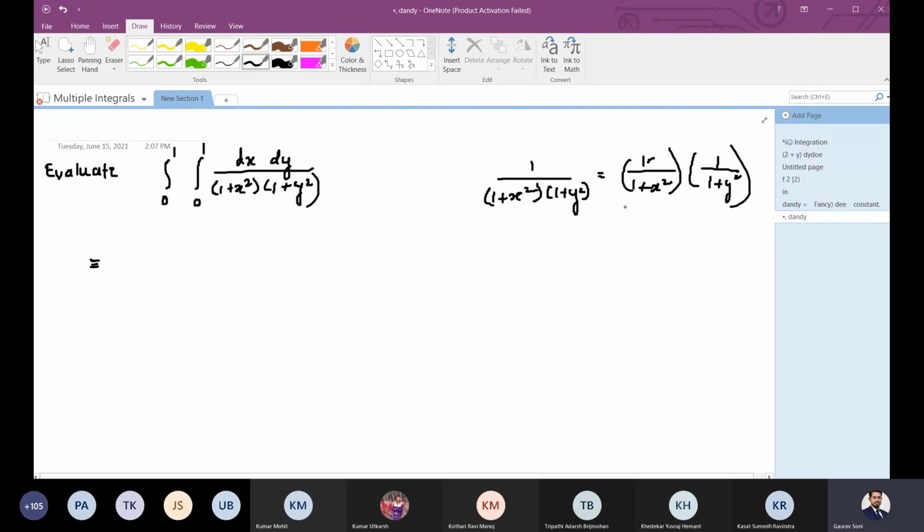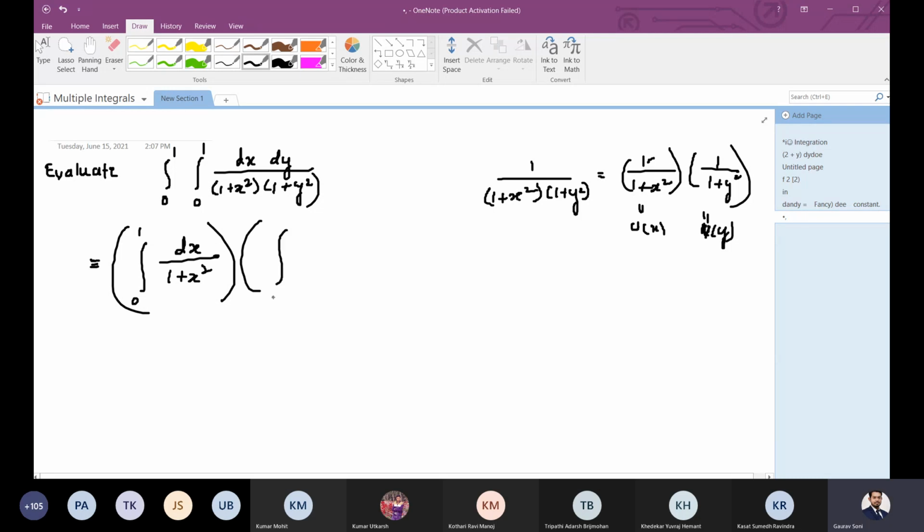So the integrand can be separated as u of x and v of y, as well as our limits are constant. So by the fourth property, as I said, will be used a lot of times, integration 0 to 1 dx upon 1 plus x square, second bracket integration 0 to 1 dy by 1 plus y square. Now you integrate.